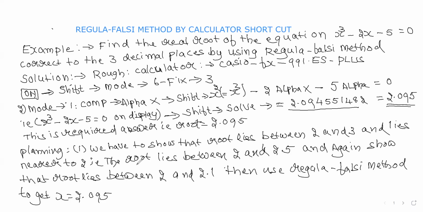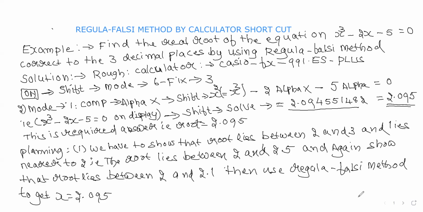Then the root lies between 2 and 2.5. Nearer to 2 means it lies between 2 and 2.5. Again, show that the root lies between 2 and 2.1. Then use the regula falsi method. This is the planning we have to do.